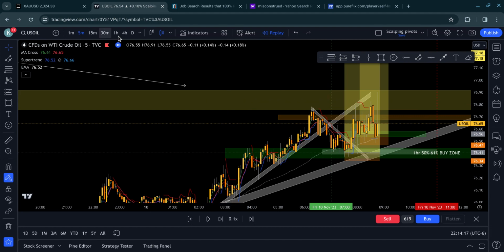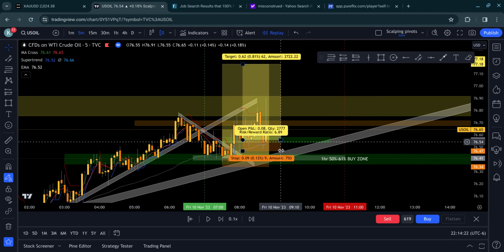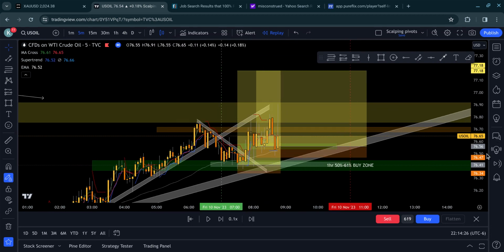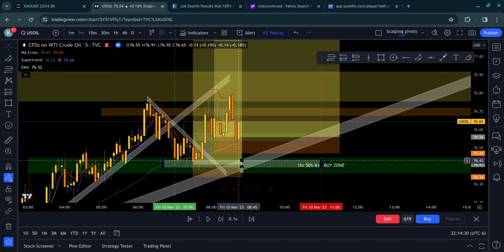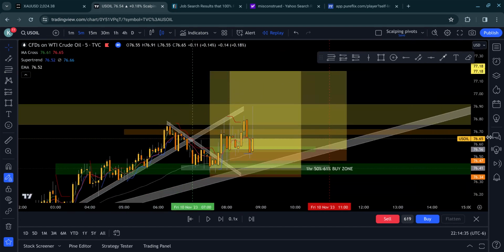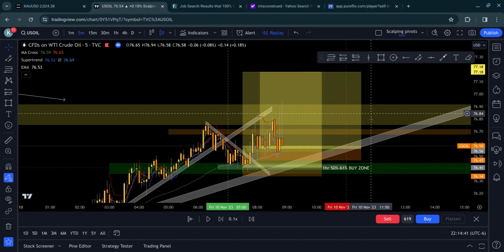Now, I'm not even gonna lie, I would still be mindful of this resistance right here. For me, I still would be paying attention to how this is responding to there. But ultimately on that 1 hour, I'm looking at this to be some upward momentum and possibly breaking past that, along with that fair value gap on the 4 hour we got to fill. So let's see what happens.